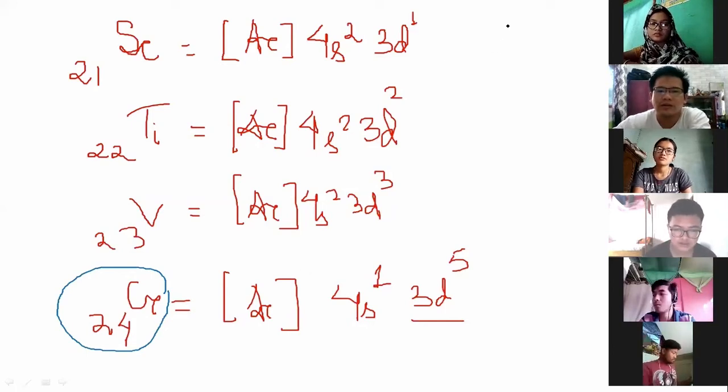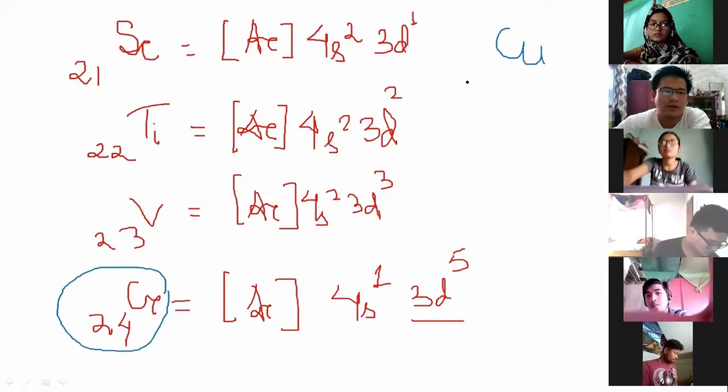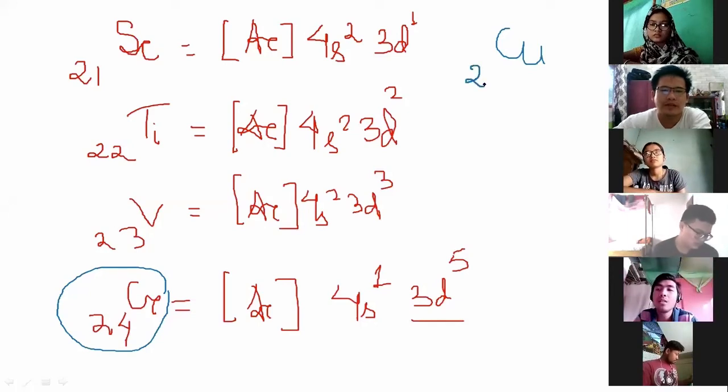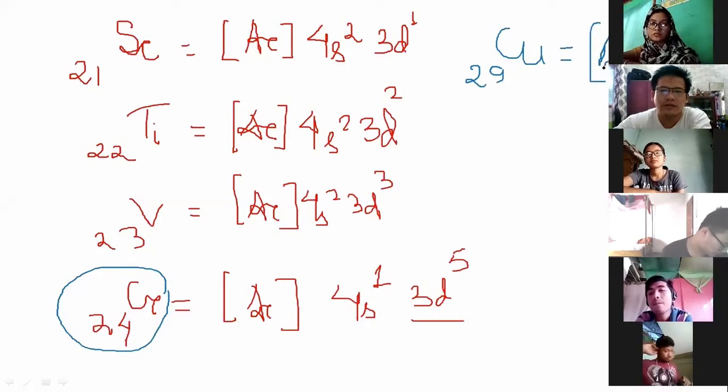What is the atomic number of copper? 29. The configuration is 4s1 3d10.